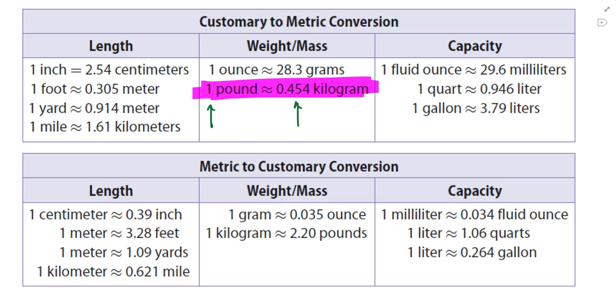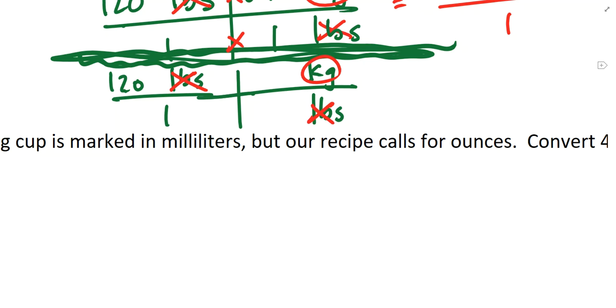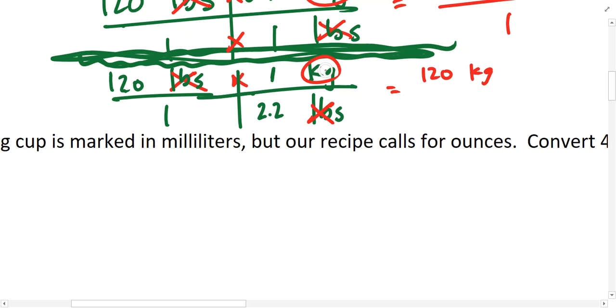But if I go back to that conversion chart for a second and use this number instead, 1 kilogram and 2.2 pounds, well, that means we'll write 1 kilogram here and 2.2 pounds here. And now when we multiply straight across, I have 120 times 1, which is 120 kilograms. That's the unit that's left over.